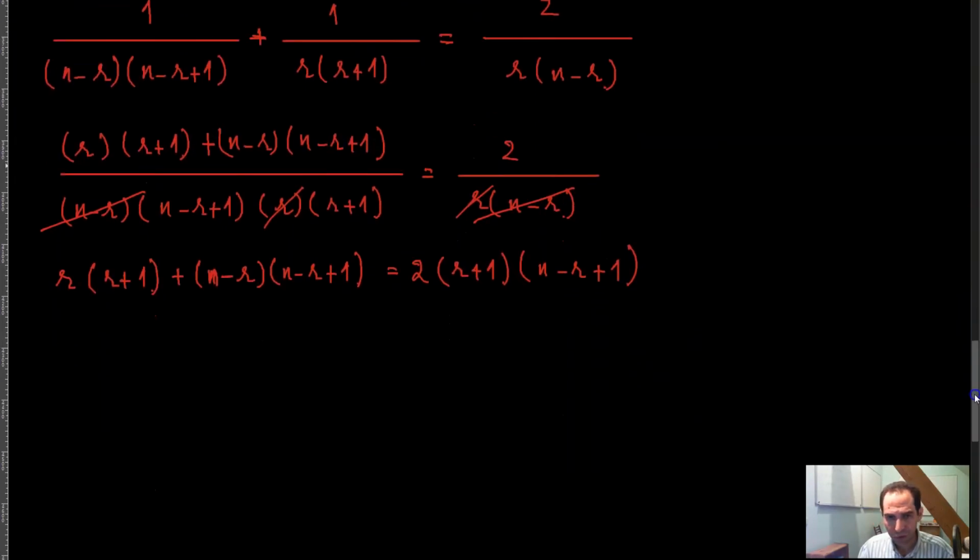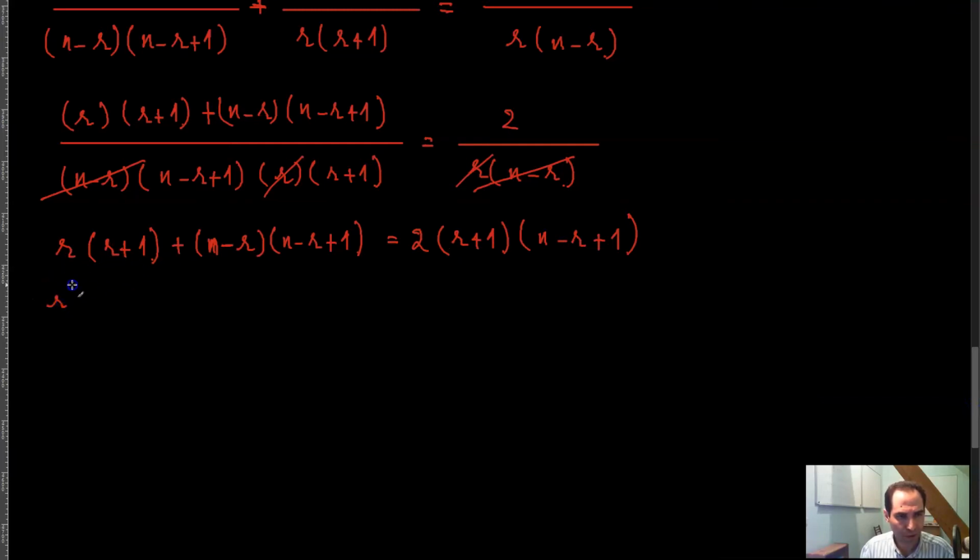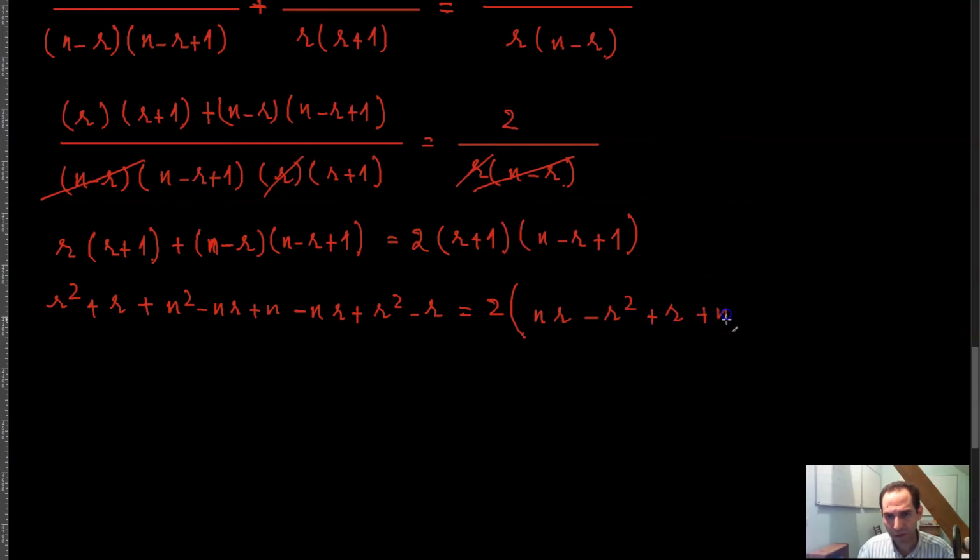right? Or you can rewrite this as basically r squared plus r plus basically multiplying n by this, you'll get n squared minus nr plus n, multiplying negative r by this, you'll get negative nr, positive r squared, negative r, is equal to 2 times basically nr minus r squared plus r plus n minus r plus 1, which is the same thing as now r squared, and r squared is equal to 2 times r squared, and n squared, you have only one n squared here, and you have r and negative r, you can cancel them out here, and negative nr, that's negative 2 times nr, right?